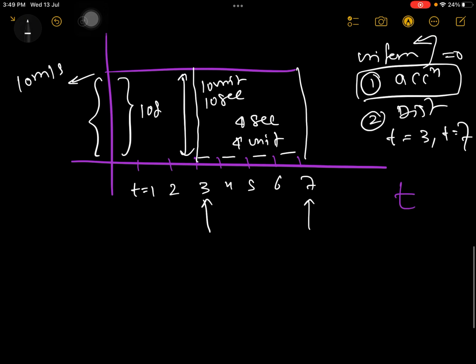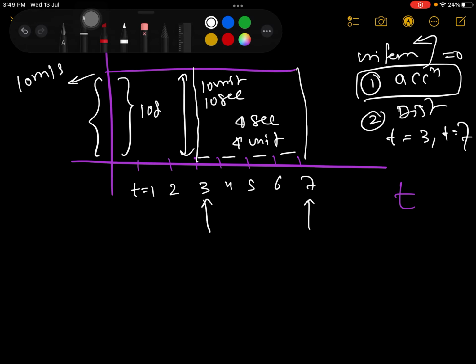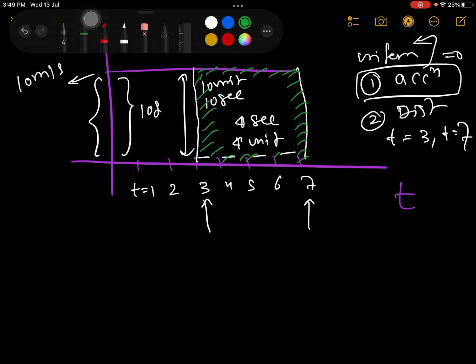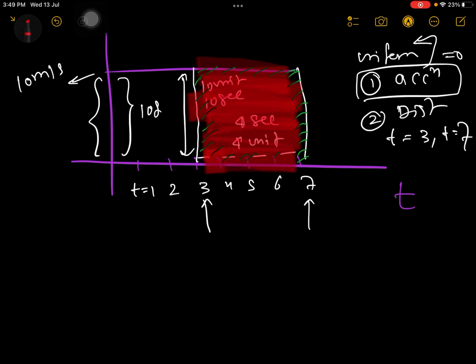So if you want to find out this area, which area? Area means this area inside this. I hope it's clear. This total area I am talking about. This area we have to cover.